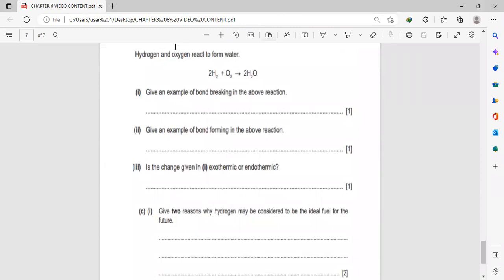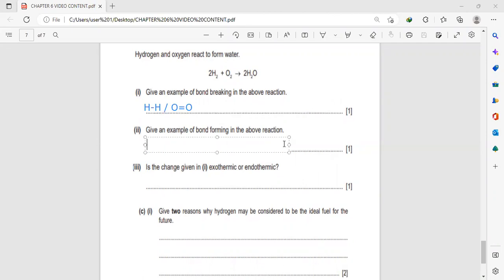Hydrogen and oxygen react to form water. Give an example of bond breaking in the above reaction. Bond breaking means it is in the reactant side. So either you can write hydrogen, otherwise in the form of oxygen. So now I am preferring hydrogen. So the bond breaking is H bond H. Otherwise you can write O double bond O. Give an example of bond forming in the above reaction.